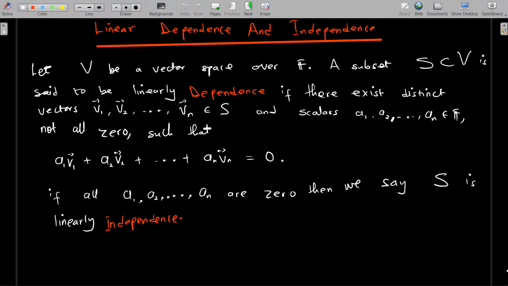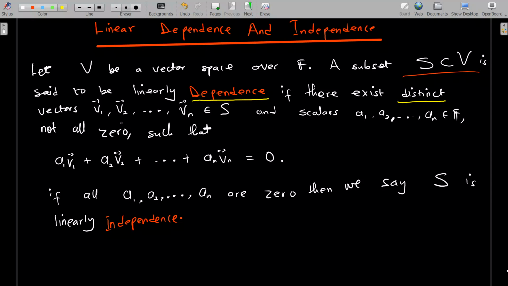Okay. Now let V be a vector space. So over a field you have your vector space, your big vector space, and then you take a subset of vectors. A subset S being part of V is said to be linearly dependent. So this is very key. Linearly dependent here if there are distinct vectors, and this is very crucial as well, the vectors should be distinct.